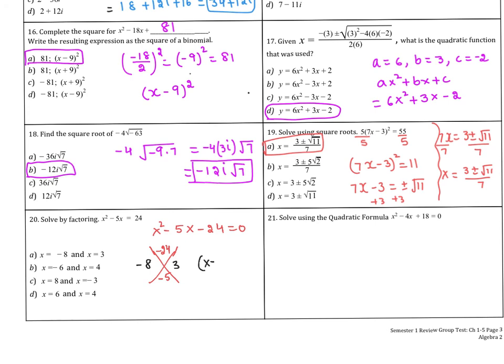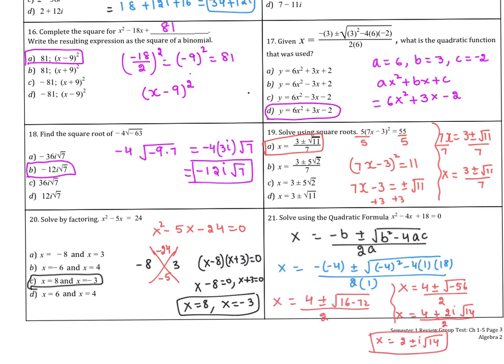Make the two factors, (x minus 8)(x plus 3) equal to 0. You're going to get two answers by plugging the factors equal to 0 one by one. So x equals 8 and x equals negative 3. So that's going to be option C right here.